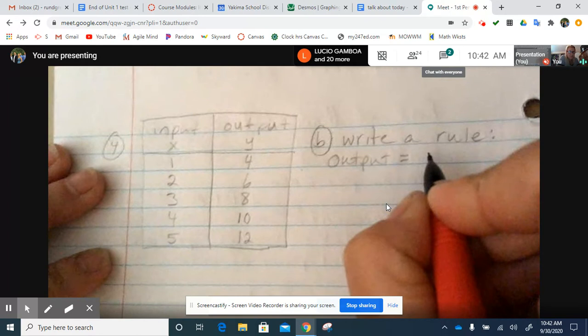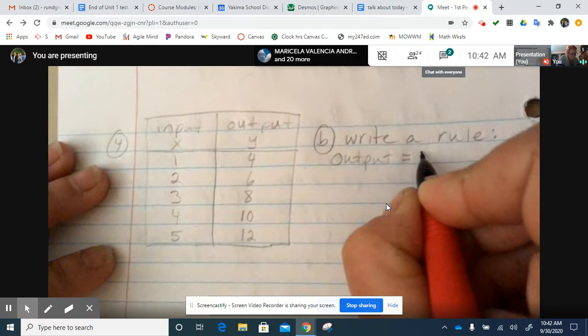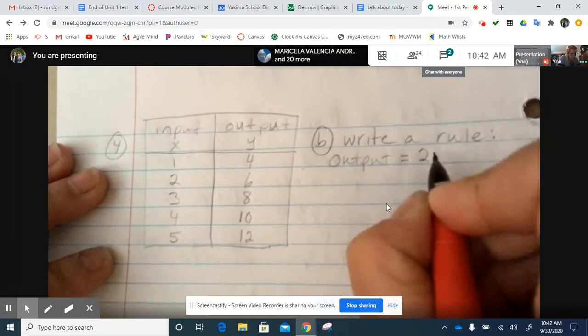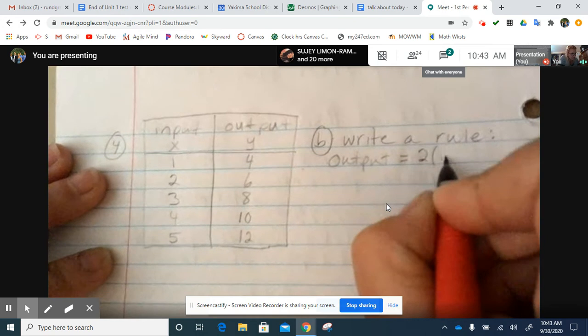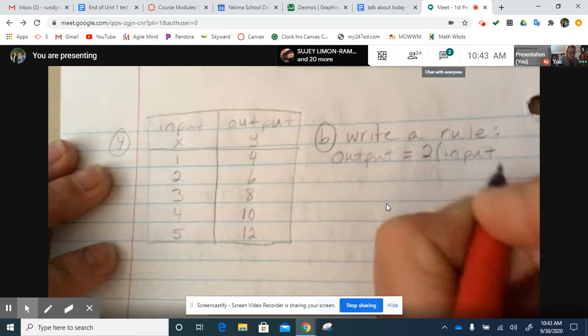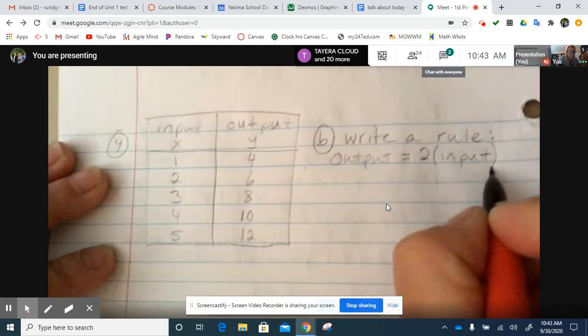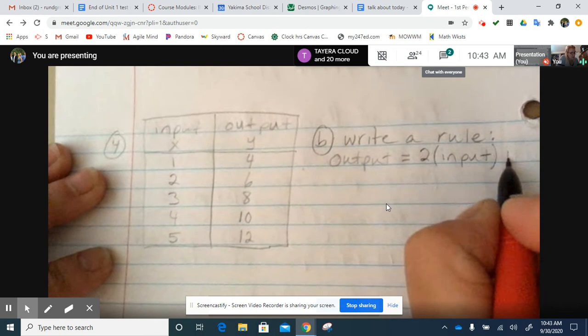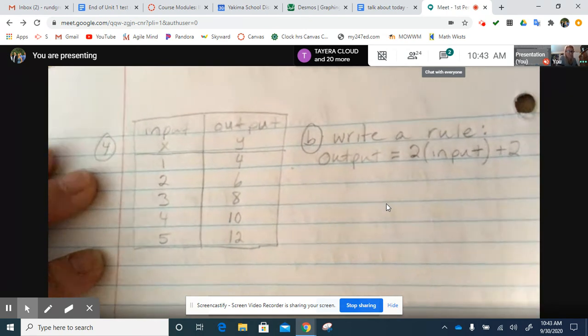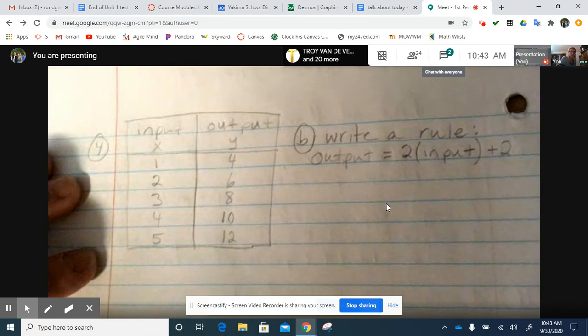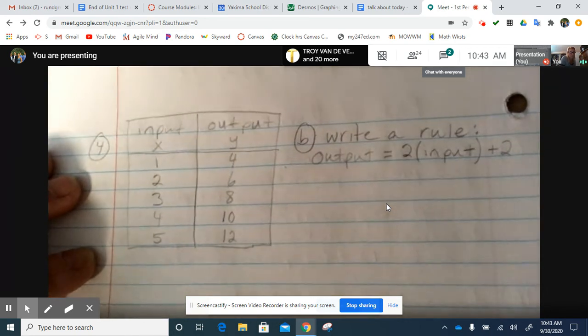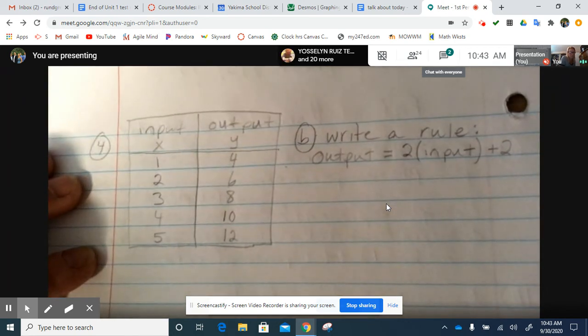And the best way to write that is put the number first, 2, and then in parentheses write input, and then add 2. So output equals 2 times input plus 2.